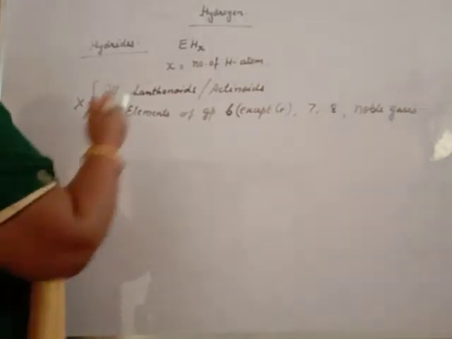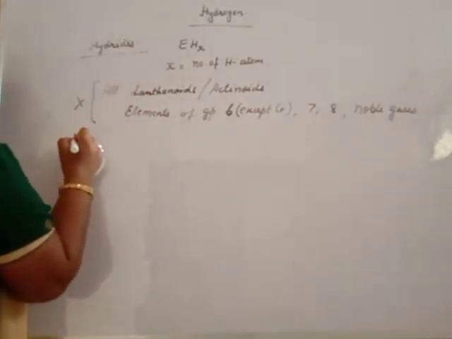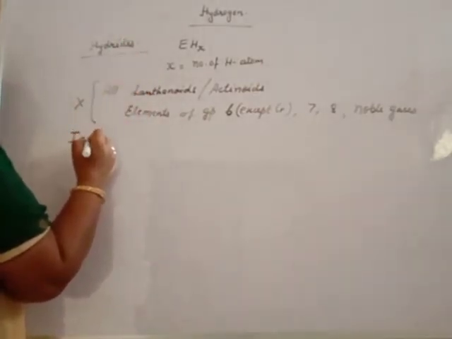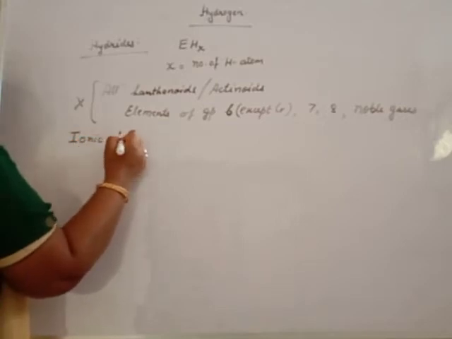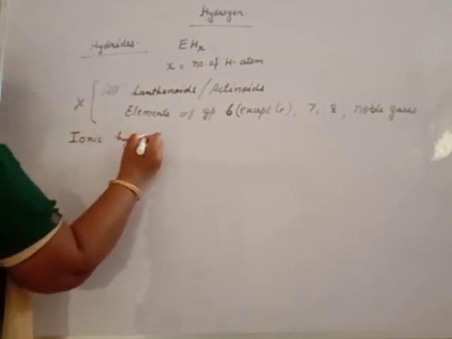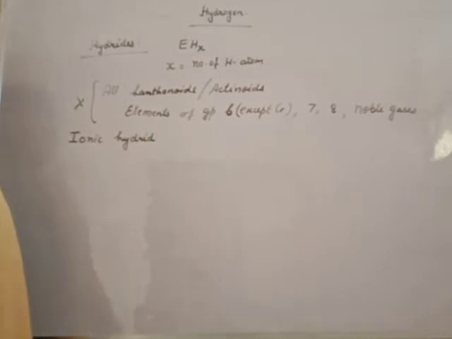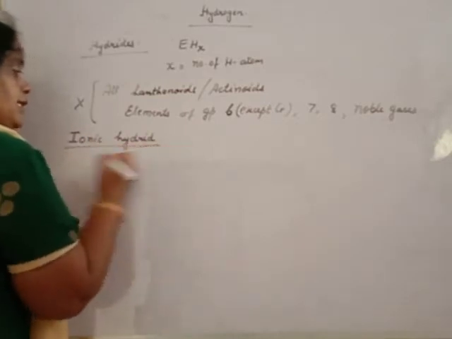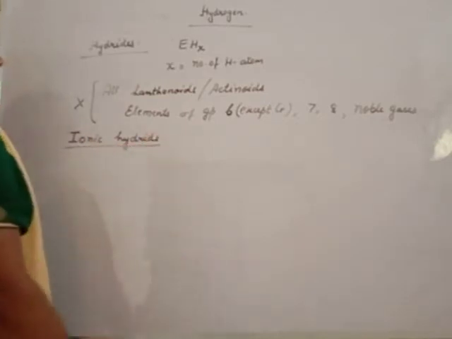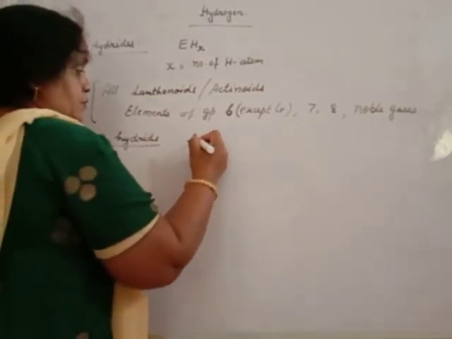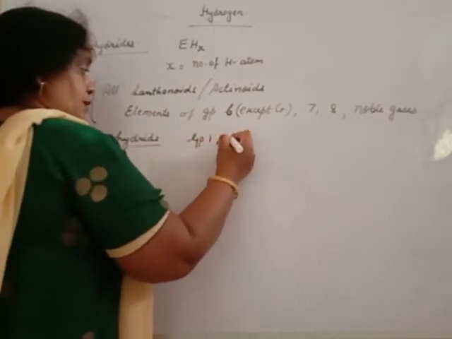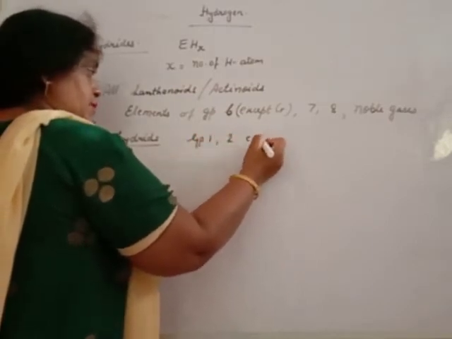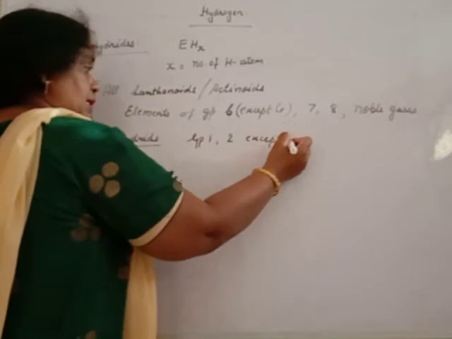Then types of hydrides, three types: ionic hydride, molecular or covalent hydride and metallic hydride. Ionic hydrides are formed by elements of group 1 and 2 except beryllium and magnesium.